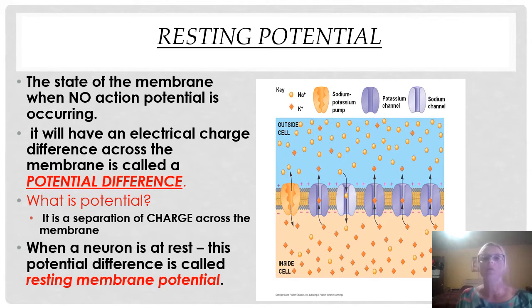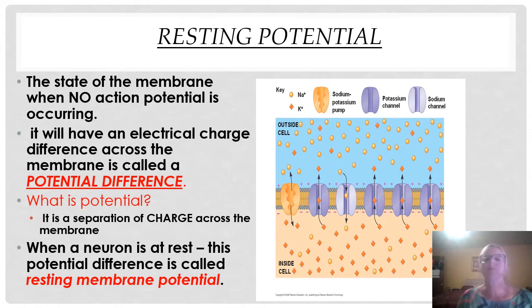And so which side has the greater, more positive charge, inside or outside? If you said outside, that's extracellular, you're correct. And so the intracellular, or inside the cell, is more negative. Okay, so I hope you're kind of thinking that along with me as I'm saying it. We call this a potential difference, okay, because the outside has a higher charge relative to the inside.